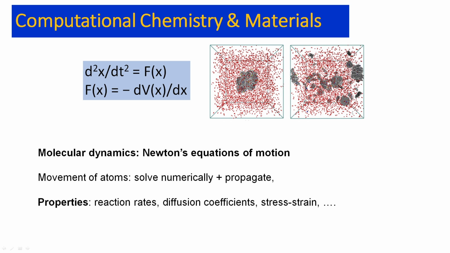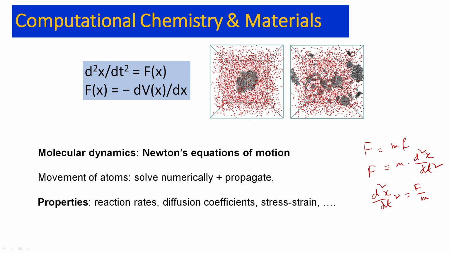One can also consider atomistic calculations, considering atoms as particles moving in matter. Then you can solve Newton's equation of motion, which is shown here. You can see acceleration is force divided by mass, since force is mass into acceleration. So we can easily do the calculations.